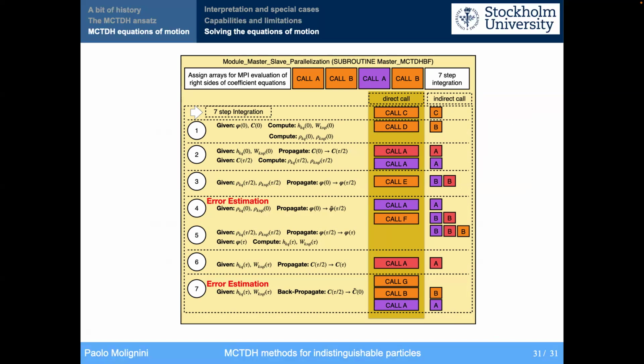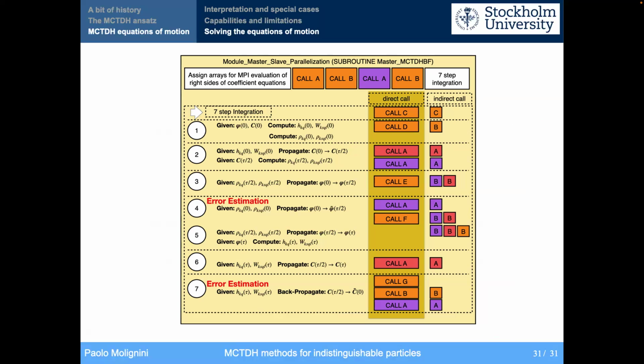With that, you insert into the coefficient equations of motion, and then you propagate for half a time step. Then you compute the reduced density matrices for the half time step point. With that, you insert into the orbital equation of motion, and then you get the orbitals also at half time step. And then there is error estimation.